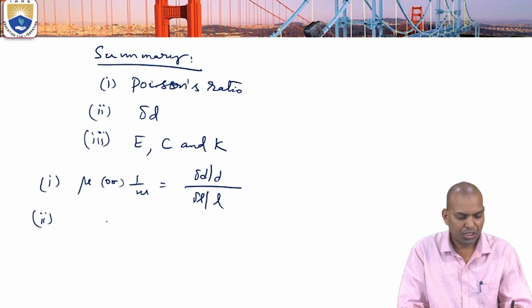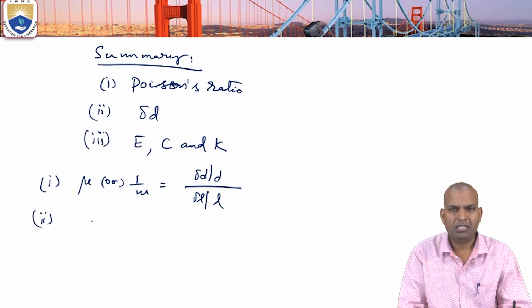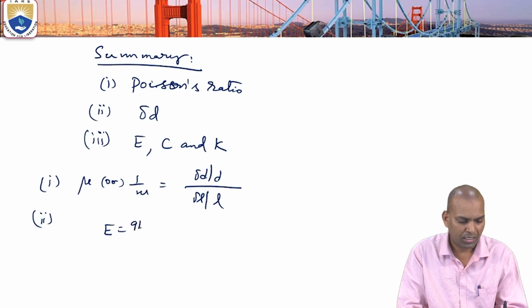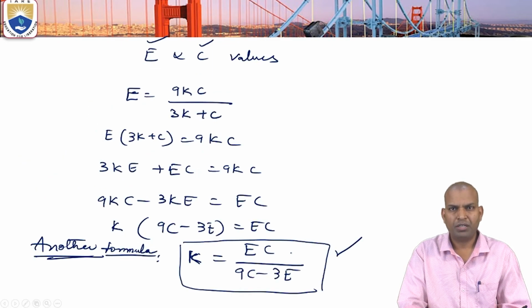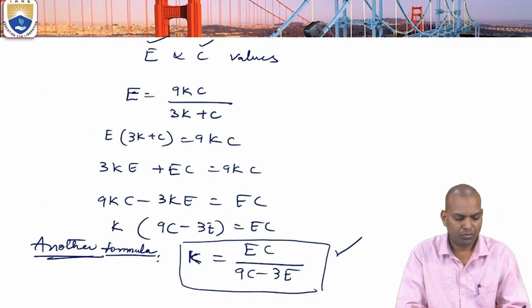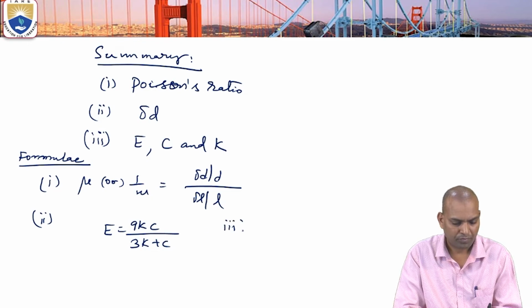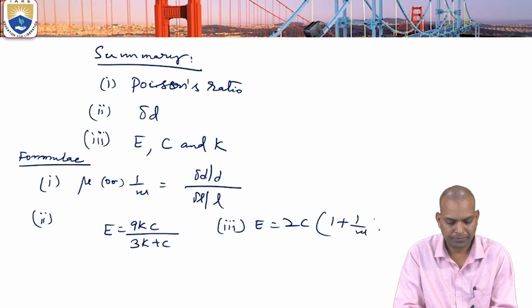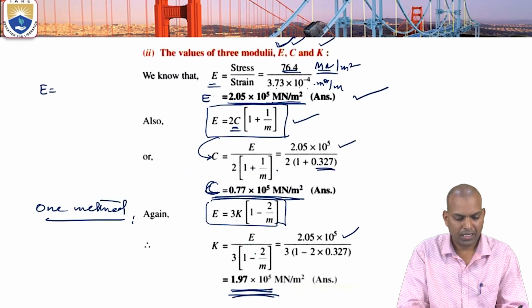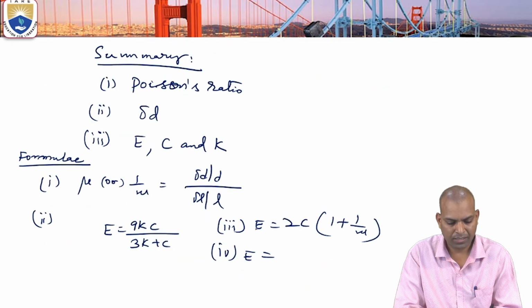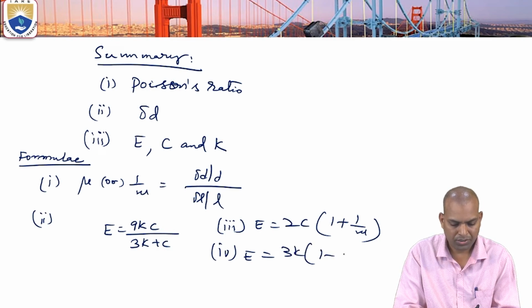And the relation between E, C and K: E equal to 9kc by 3k plus C. Another formula, E equal to 2C times 1 plus 1 by m, and another formula, E equal to 3k times 1 minus 2 by m.